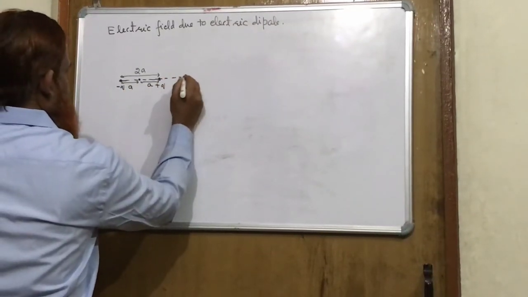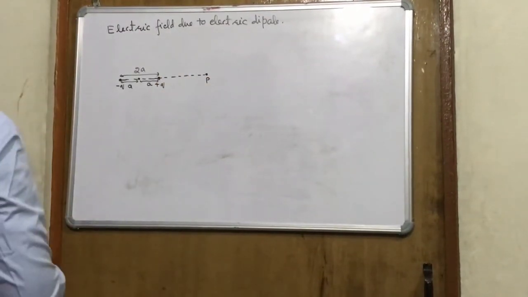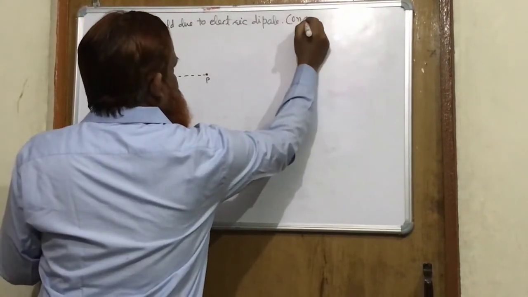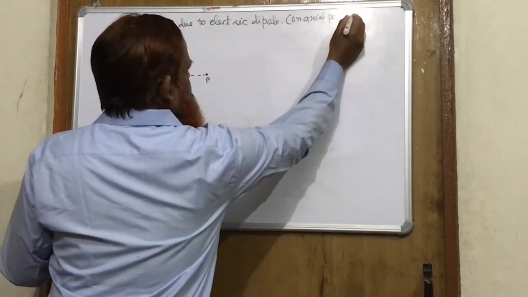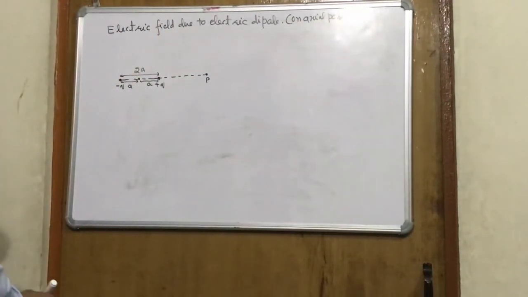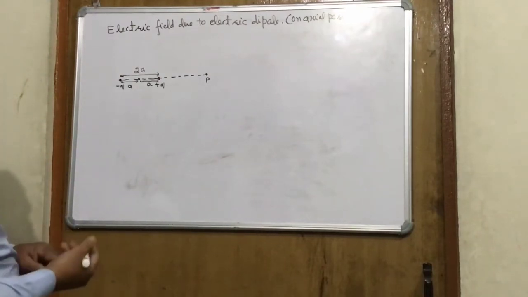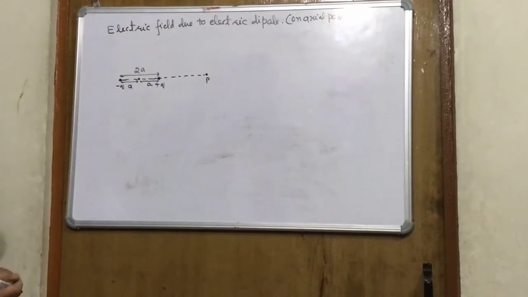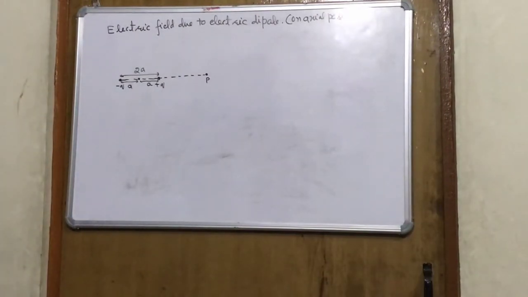Suppose we want to find the electric field at point P on the axial position. By the principle of superposition, we will find the electric field due to the individual charges, first by minus q and then by plus q, and then by the vector method we will add them up.